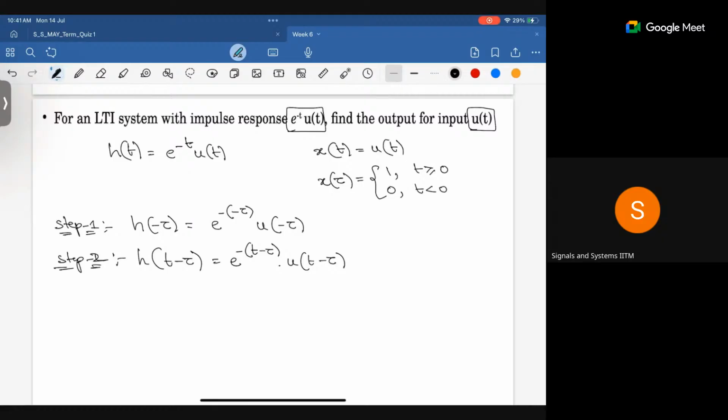Now we have to integrate. Step 3 is x tau into h of t minus tau.